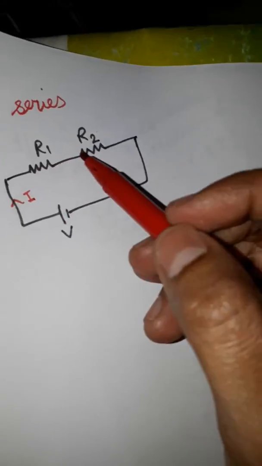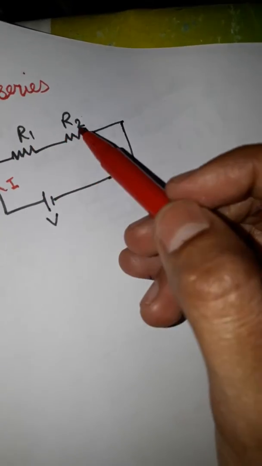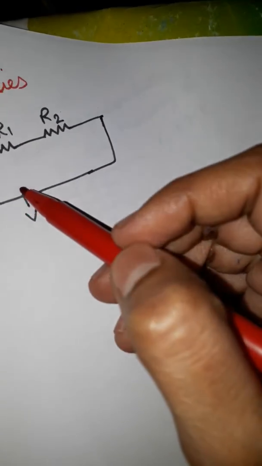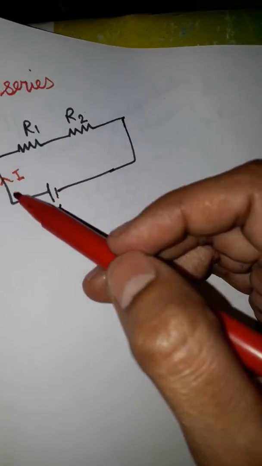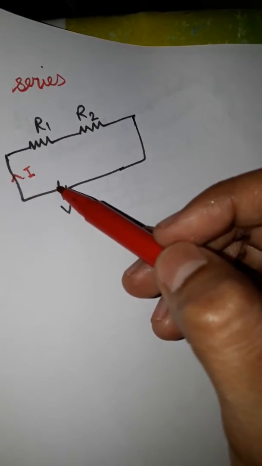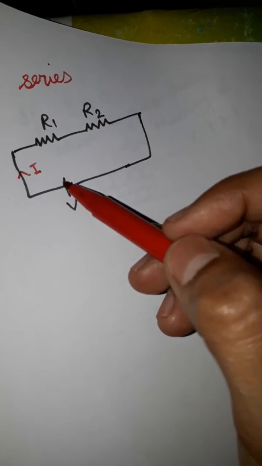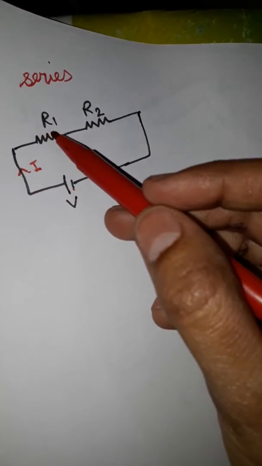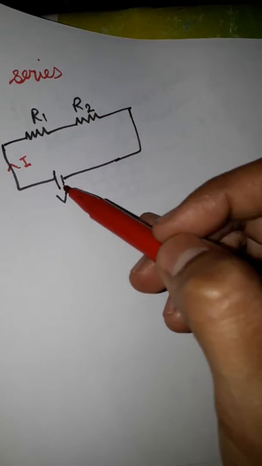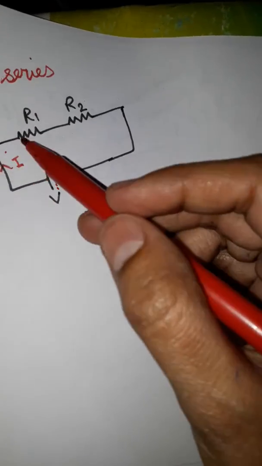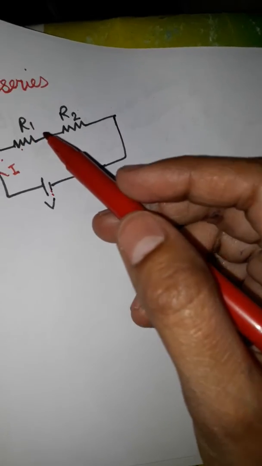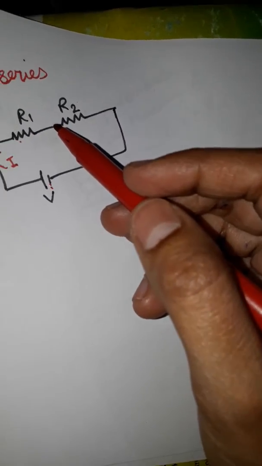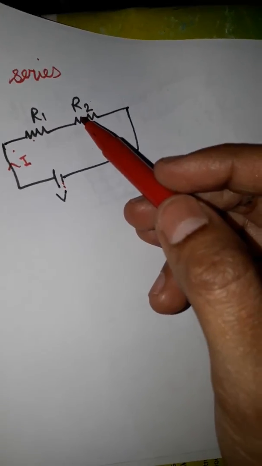Now, here two resistors are there, R1, R2, and we have provided a supply voltage V, and when we apply the voltage, current starts flowing through it. Now you can see the current will move like this through R1 and then through R2 and back to the battery. Since the current is the same in both the resistors, in series connection current will always be the same in each and every element.